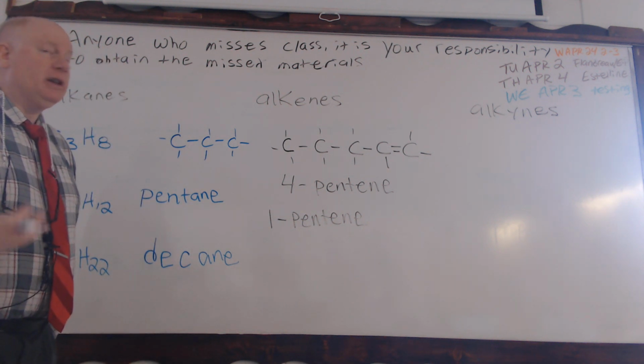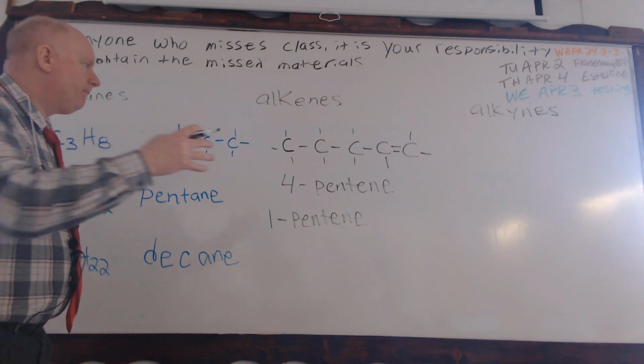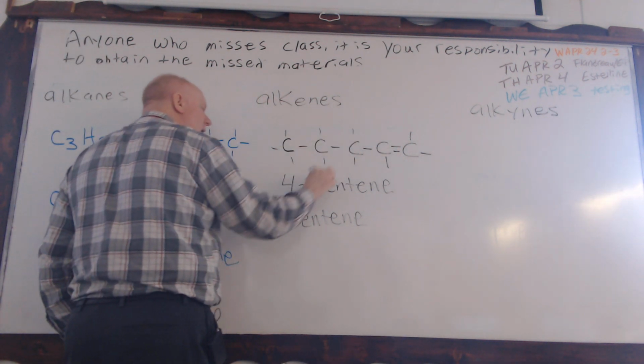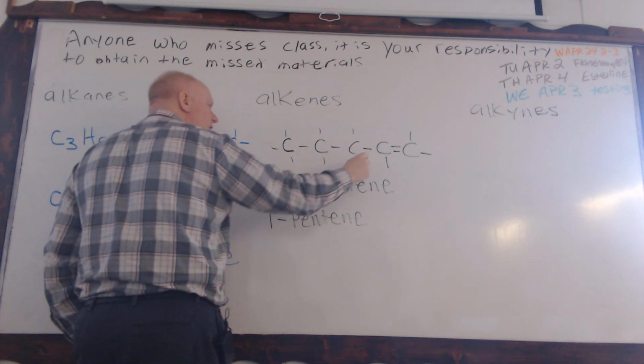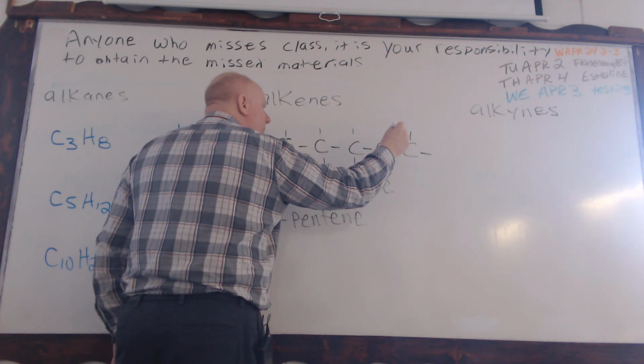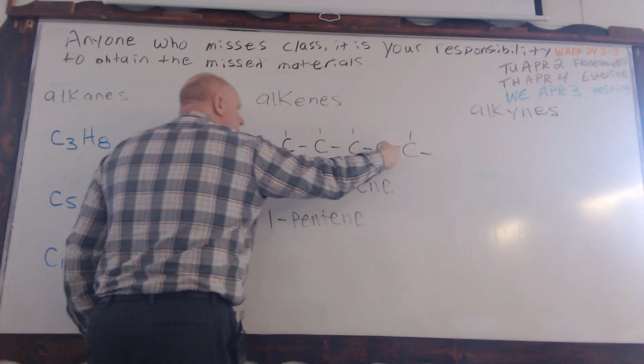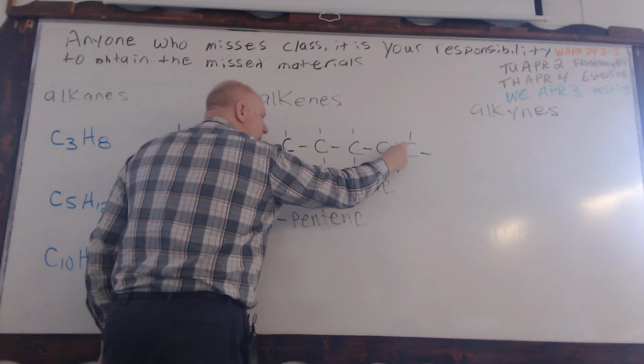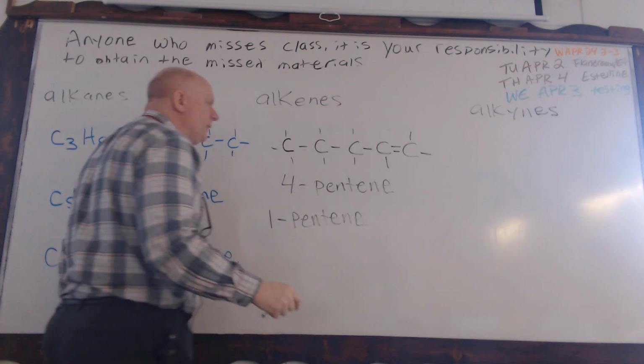Because we said typically you read left to right. So when we do that, we would think, okay, after our fourth carbon, there's a double bond. But we can also read right to left. So therefore, that double bond is after the first carbon.